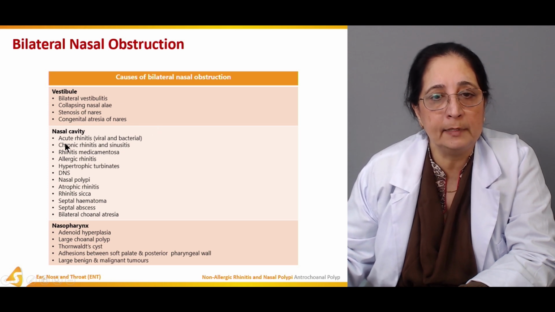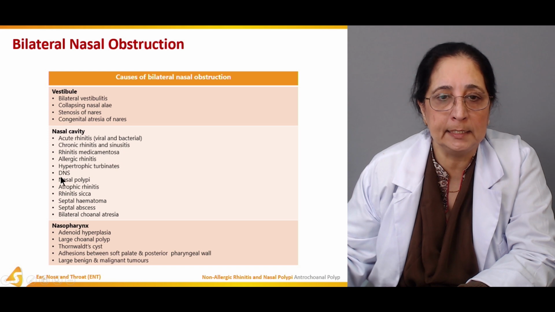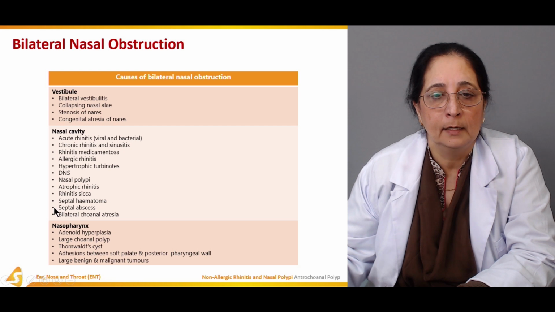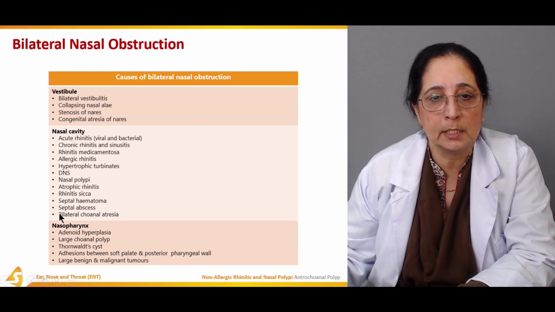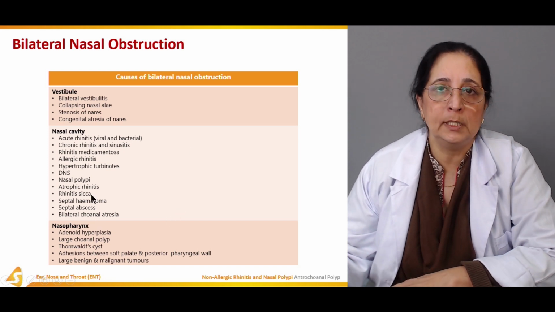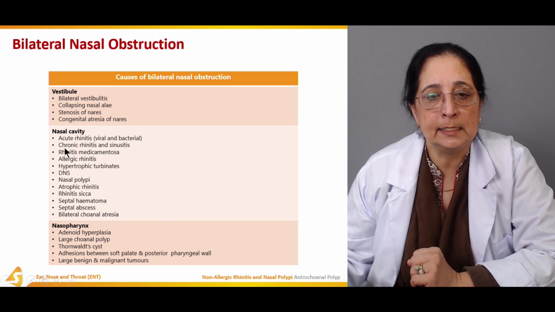Then the nasal cavity has acute rhinitis, chronic rhinitis and sinusitis, rhinitis medicamentosa, allergic rhinitis, hypertrophic turbinates, DNS, nasal polyps, atrophic rhinitis, rhinitis sicca, septal hematoma, septal abscess, bilateral choanal atresia. All these are causes of bilateral obstruction in the nasal cavity.